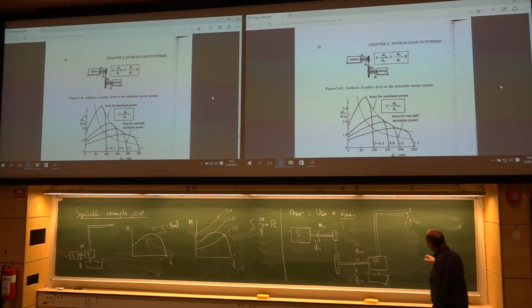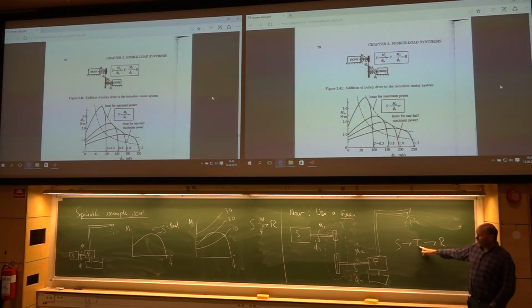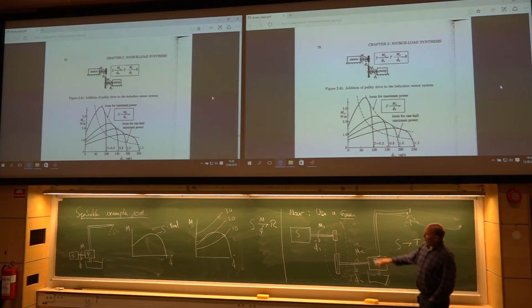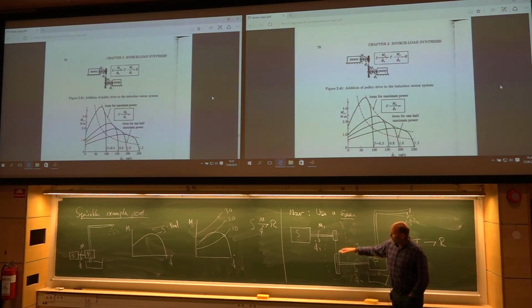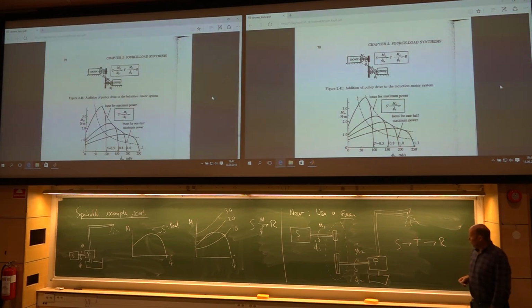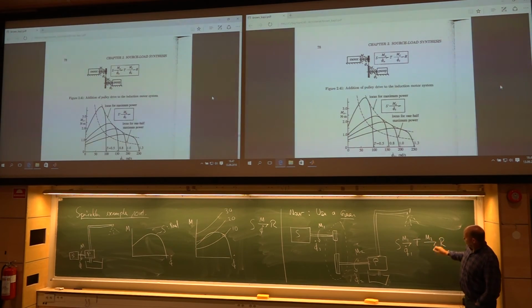Well, clearly, it's a transformer. Because with a gear, if the one rotational speed is given, then you know the other one, as long as you know the two radii of these wheels. So yes, it is a transformer. So M1 here, and then phi dot number 1 here, M2 here, and phi dot number 2 here.